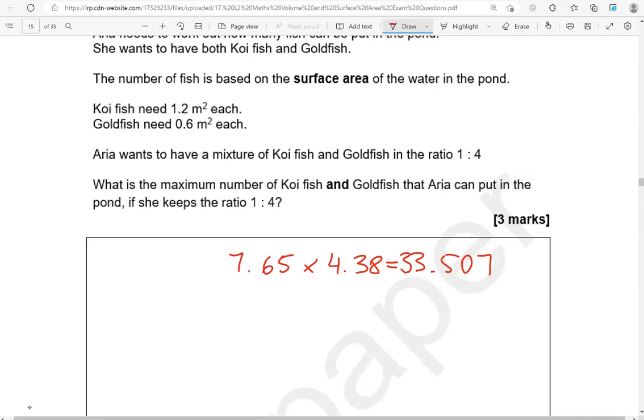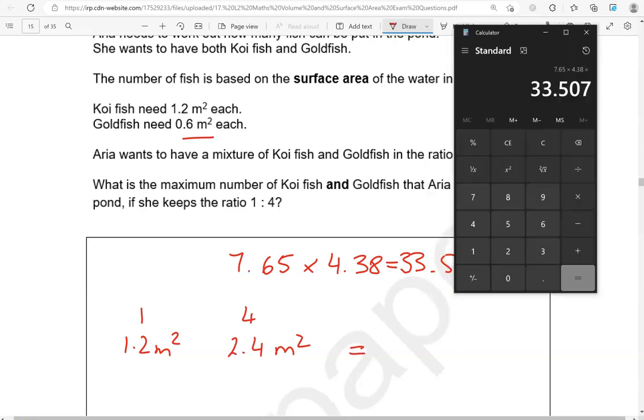So if she keeps one koi fish, that will be 1.2 square meters, and 4 goldfish, that will be 4 times 0.6, which is 2.4. So that will be in total 3.6.